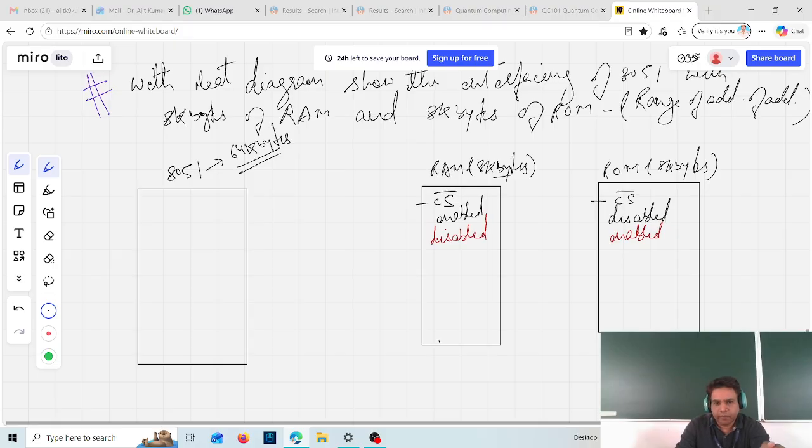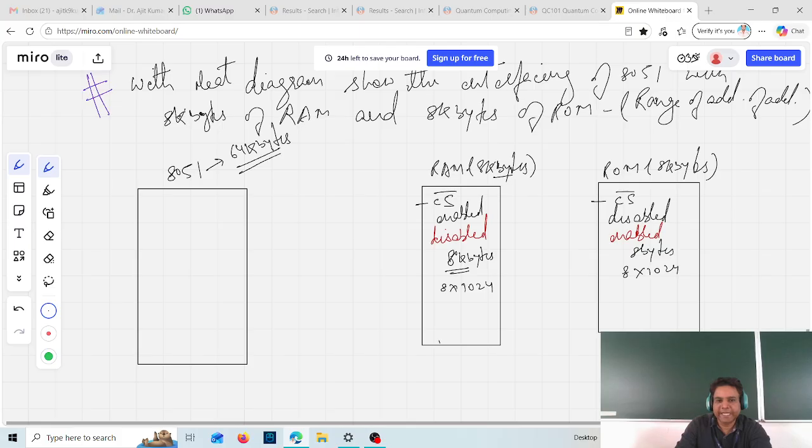Let us try to find the number of address lines required for this RAM and this ROM. You know how to find it. You simply write 8 KB. 8 means 8, and Kilo means 1024. Now this total has to be written as a power of 2.